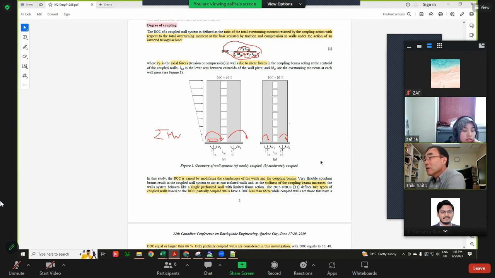So degree of coupling, suppose you have the same coupling beam. If you want to control the degree of coupling, you can reduce the size of the wall.